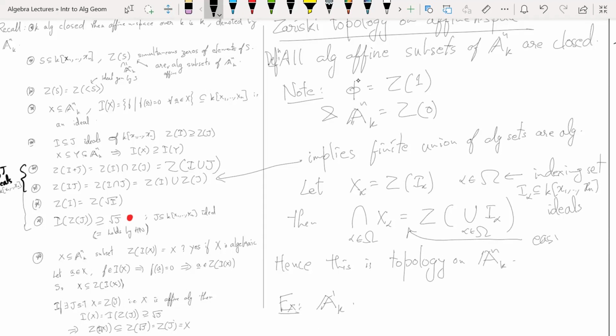It's straightforward. One inclusion is easy: the union of the I alpha contains each I alpha, so the zero set of the union is contained in the zero set of each I alpha.